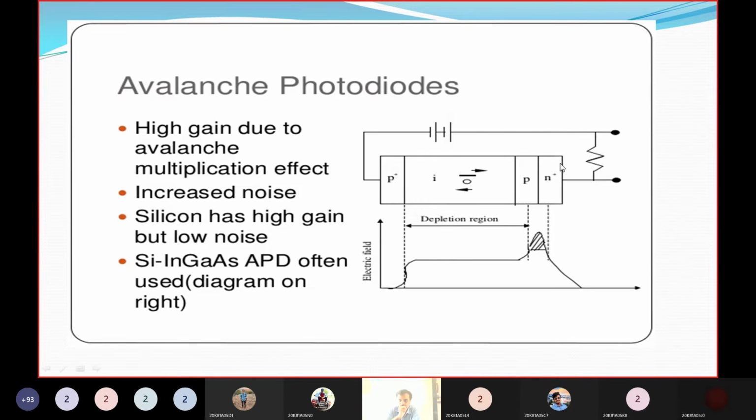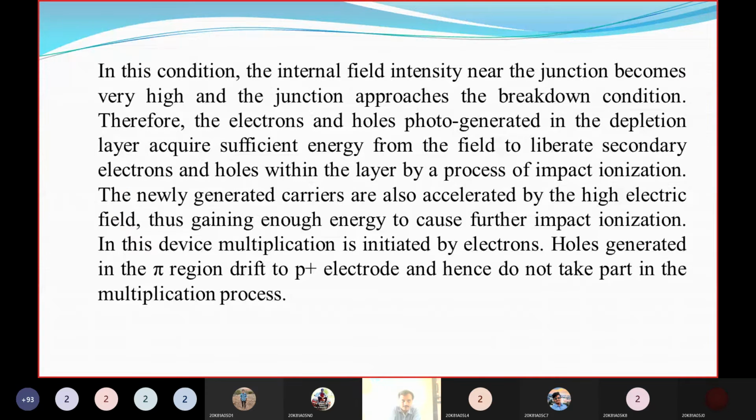Now I will read this again. In this condition, the internal field intensity near the junction becomes very high, and the junction approaches the breakdown condition.